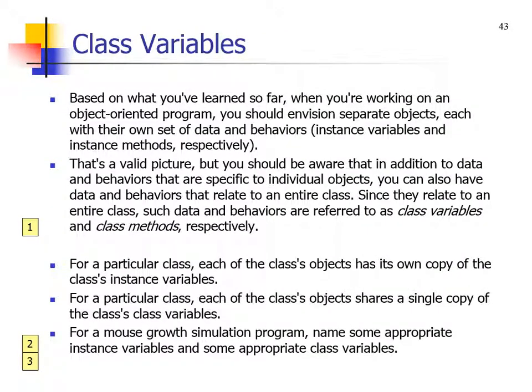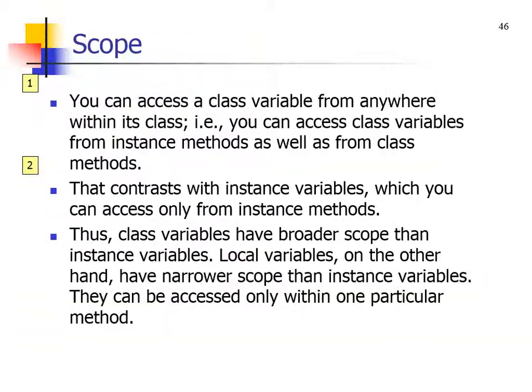Let's do class variables. Y'all know about class variables. The scope of that: you can access a class variable from anywhere inside that class, right? That's that global variable inside the class. Contrast with an instance variable, which you can only access from that instance, right?